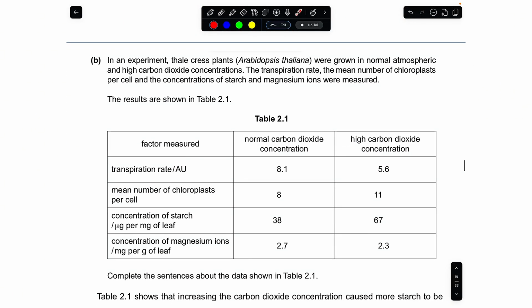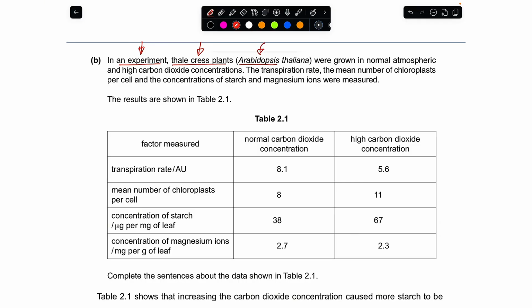If I go beyond, they say that there is an experiment on a plant, the tail cress plant.